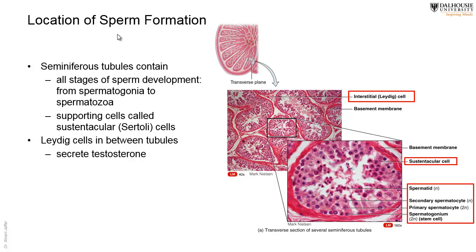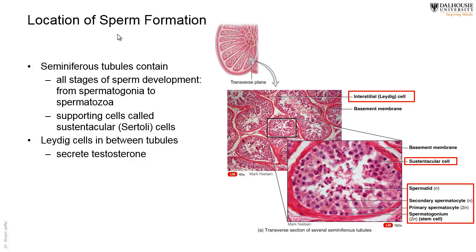So this is one of the seminiferous tubules. And here, in the wall of the seminiferous tubules, the sperms are forming. So you can find all the stages of sperm development. The primary stages are located at the periphery until the sperm is formed here and will be released into the lumen.